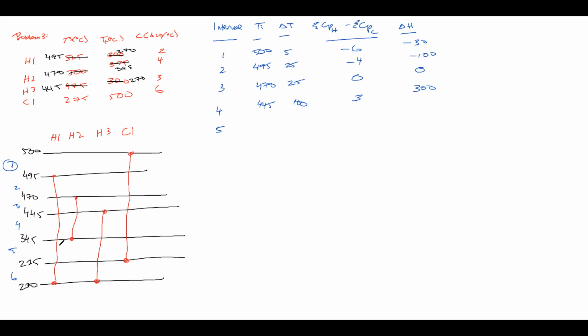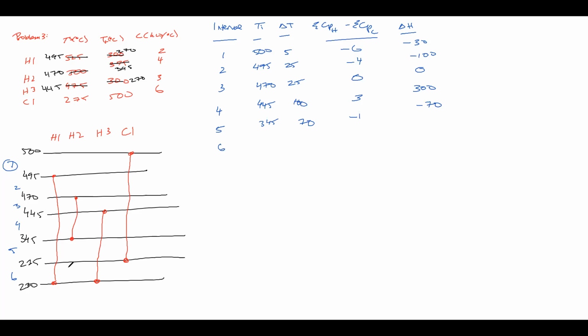Interval 5, my starting point is 345, and my ending point, 345 to 275, is 70. I have H1 and H3, and I have C1. So H1 plus H3 is 5, minus C1, 6, is minus 1. And delta H is minus 1 multiplied by 70, minus 70.